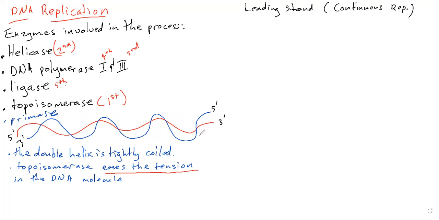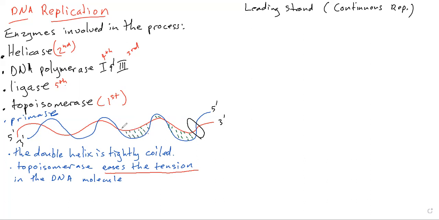Helicase, all right, so let me draw helicase. Let us say this is helicase. Helicase can move along the molecule. Let me illustrate the process. Let's say these are hydrogen bonds holding the molecule together.